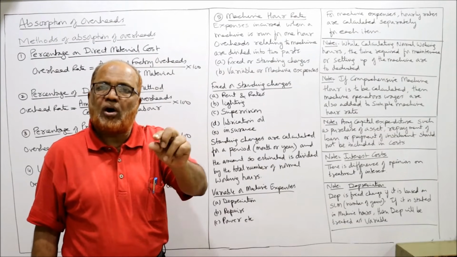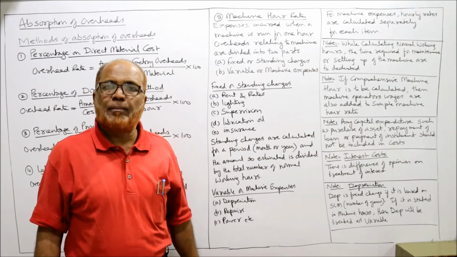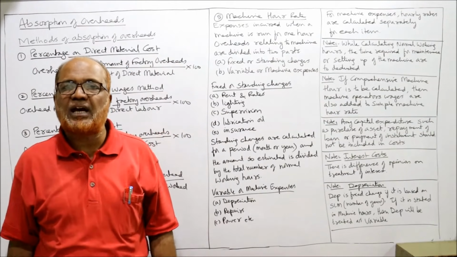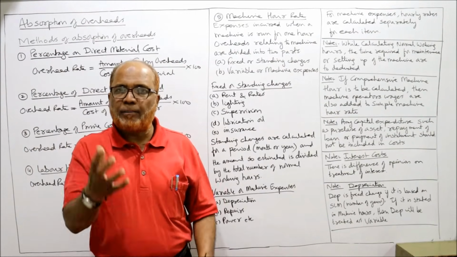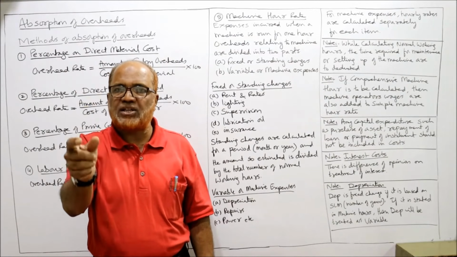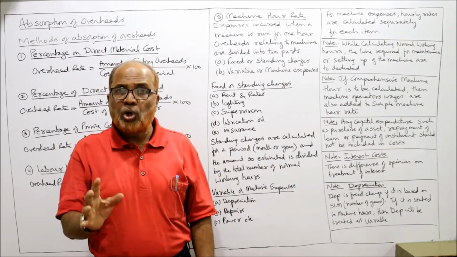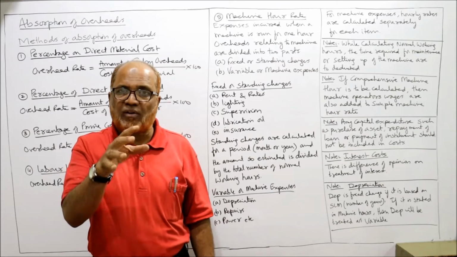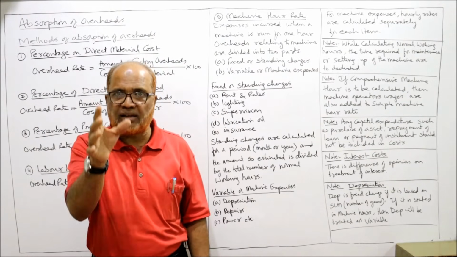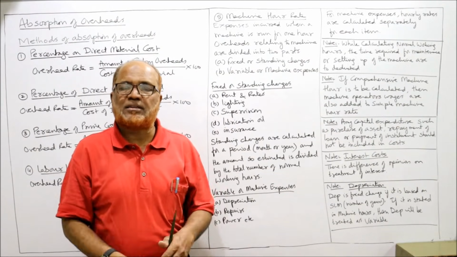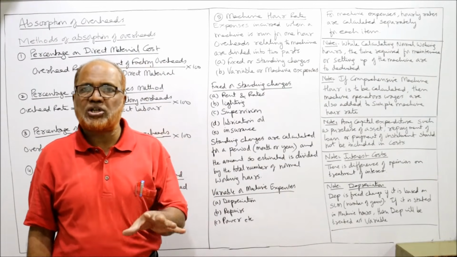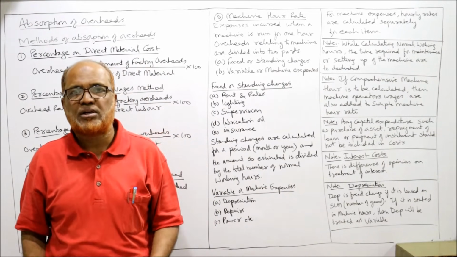Then the total of this will be divided by the estimated number of working hours of the machine. एक महीने में suppose total standing charges are 1 lakh. Total standing charges of the machine is 1 lakh rupees in 1 month, and during the month all the machine hours worked was 10,000.